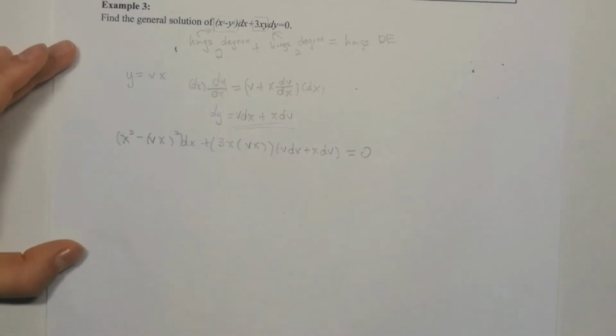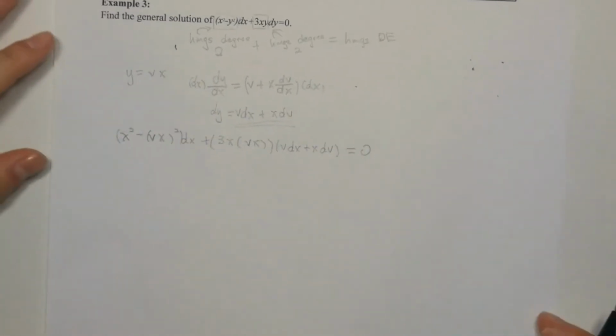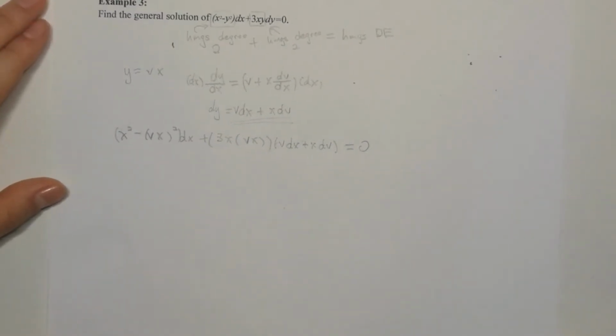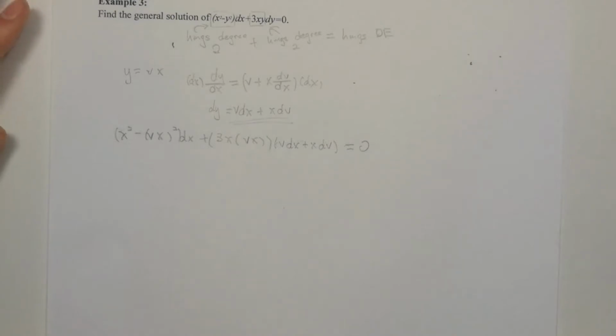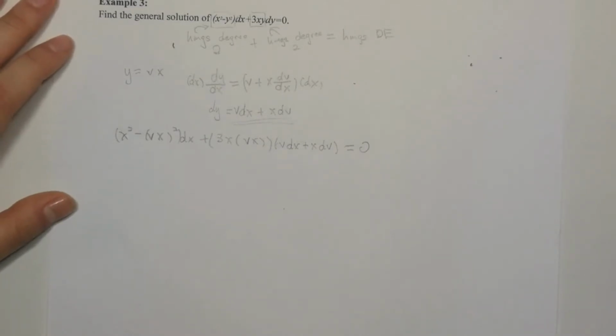The next step is basically to simplify it and then get the same variables together. Remember that the goal is, again, to separate v and x to different sides, unlike the other differential equations that we did before where we separated x and y's. This time we'll be separating v's and x's, and then in the end we will substitute out v with y.